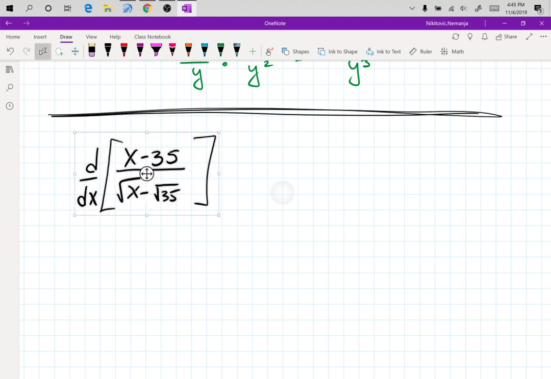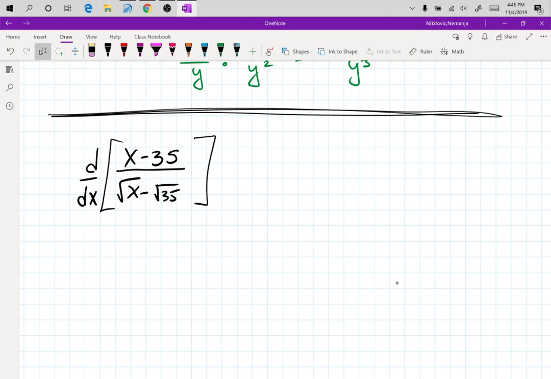So if you want to brute force this problem, you do the quotient rule. However, we can flex a little bit and transform this into a joke of a problem, eliminating the quotient rule. So the way you would do that is two ways.